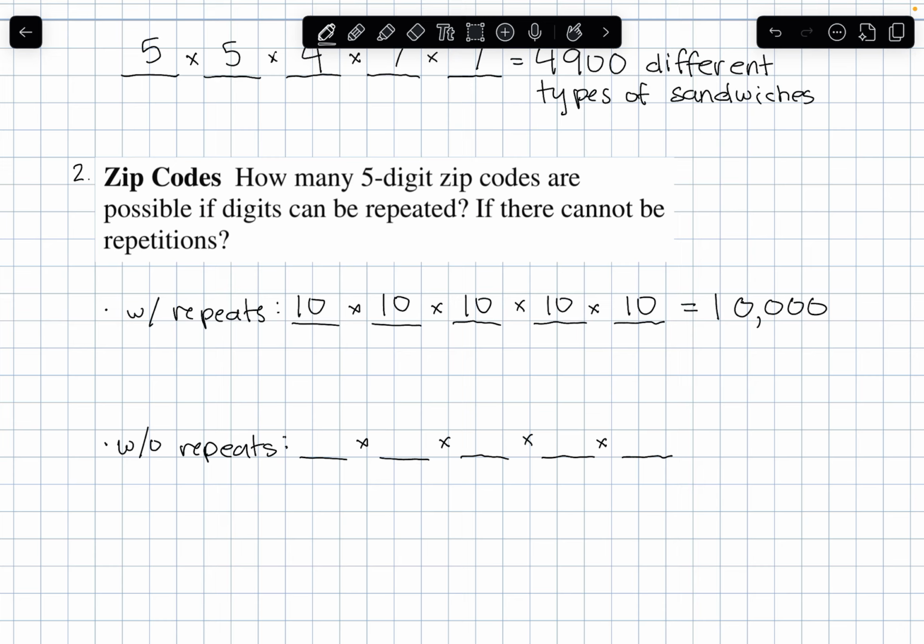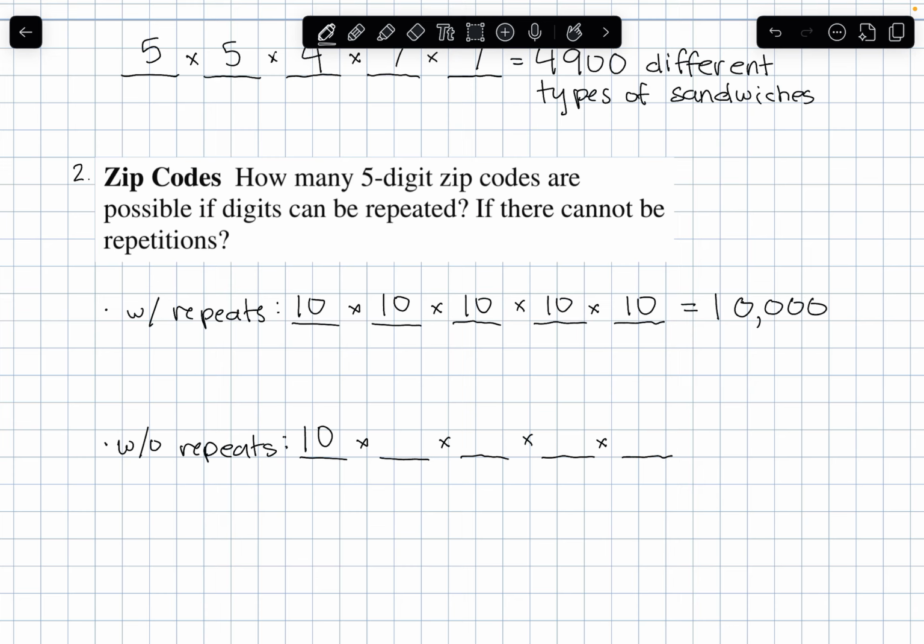The question is, how does that change when I'm not allowed to repeat numbers? So this one we have to think about as we work down the chain. For that first choice, it's my very first number, so I don't have to worry about duplicates yet. I can choose any of the numbers from 0 to 9. 10 choices. But once I've made that choice, I'm taking one of the numbers from the pool.